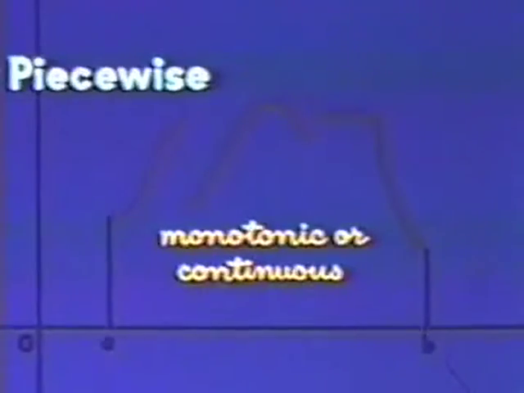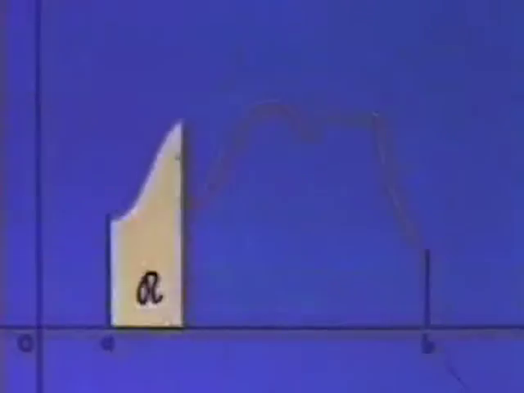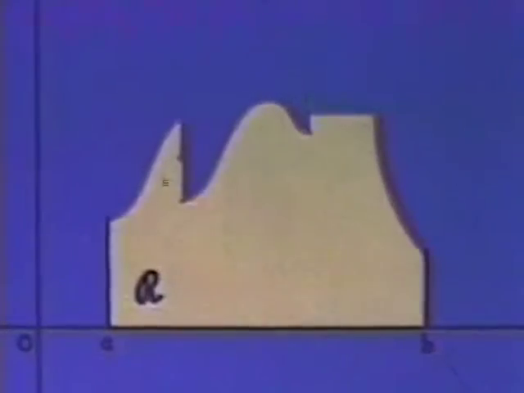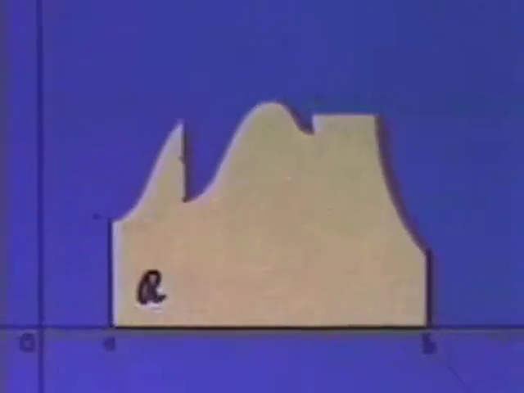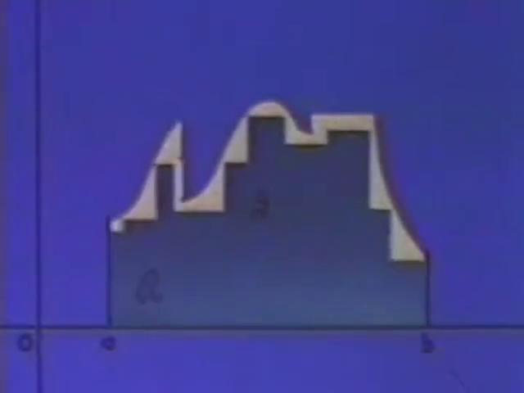It is not difficult to combine these arguments to show that the area exists for the set of points under the graph of any piecewise monotonic or continuous function. Although we have shown that the area exists in some important cases, about all that we know in general is that the area lies between the areas of inner and outer polygons.